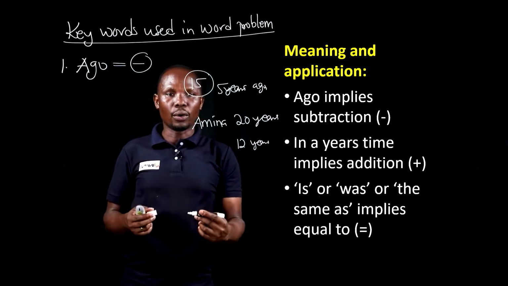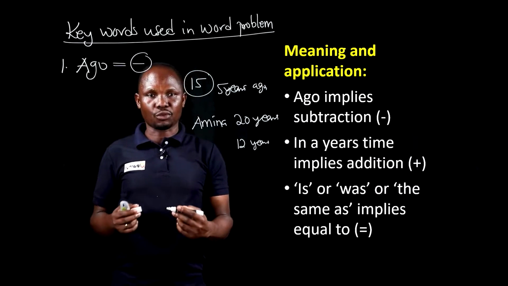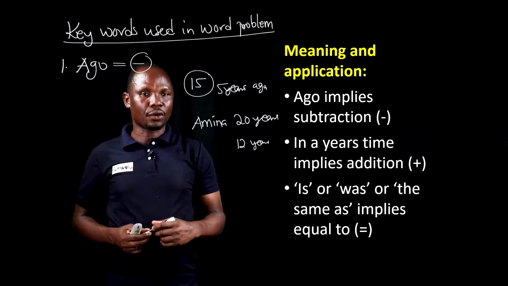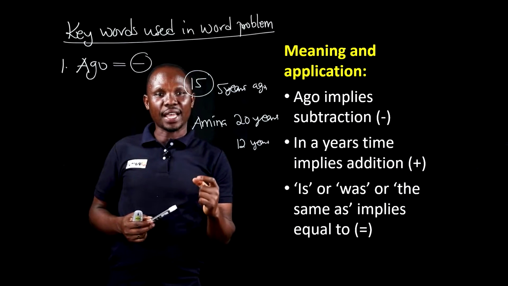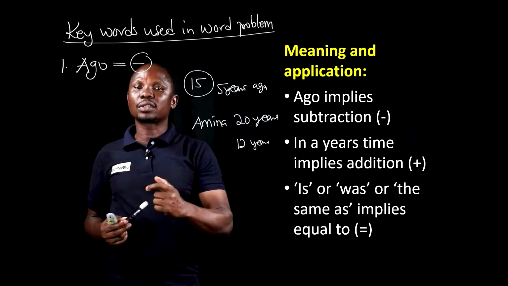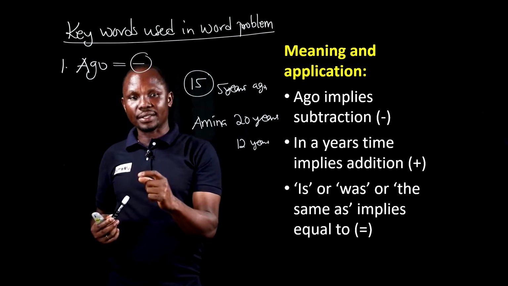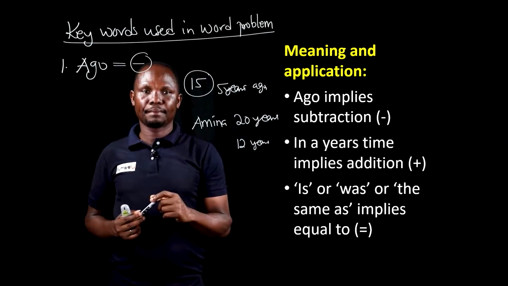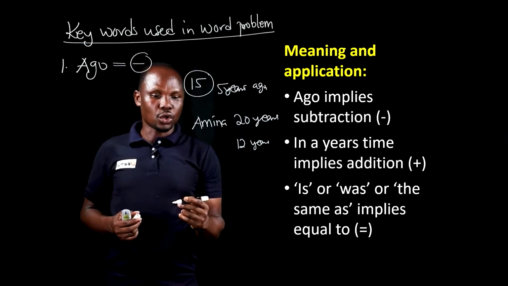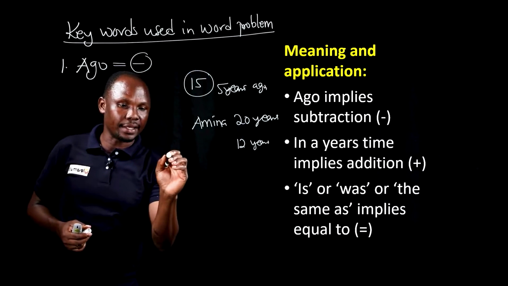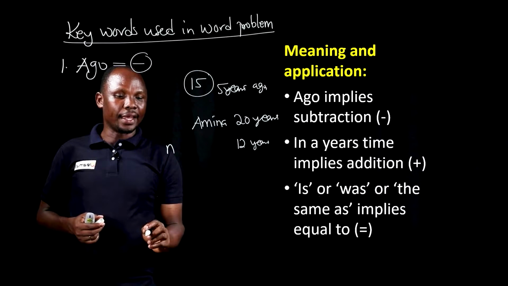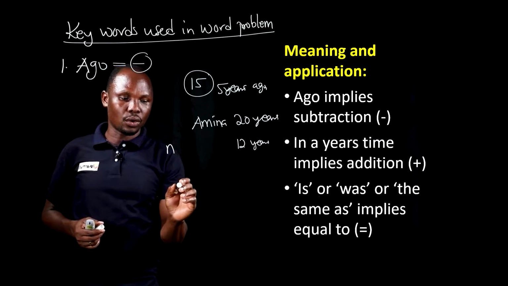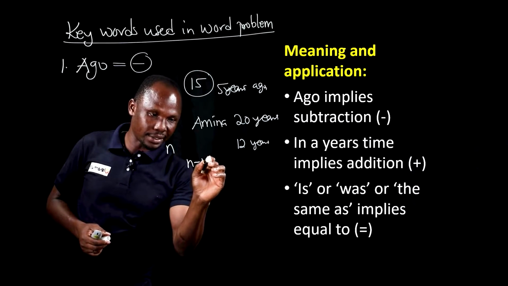So ago means subtraction. So if Kwame is 25 years old now, 10 years ago, he was 15 years old. You subtract the 10 from the 25. So if he is n years old now, then 10 years ago, he was n minus 10 years.